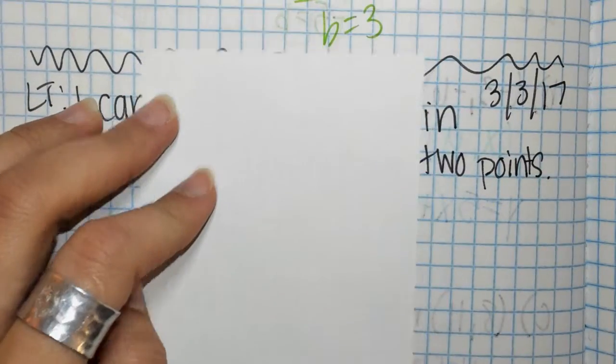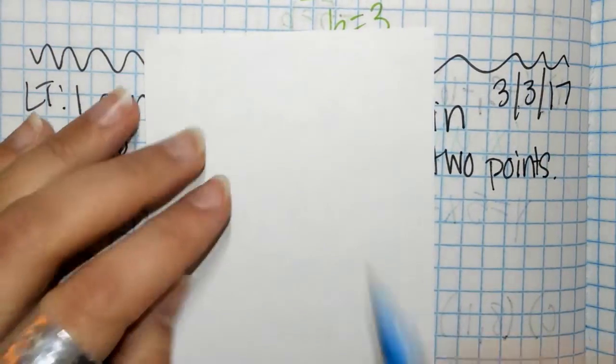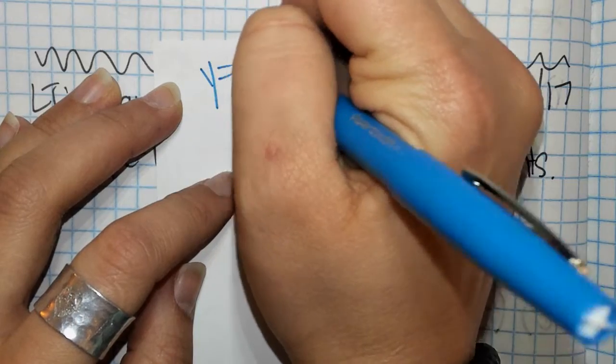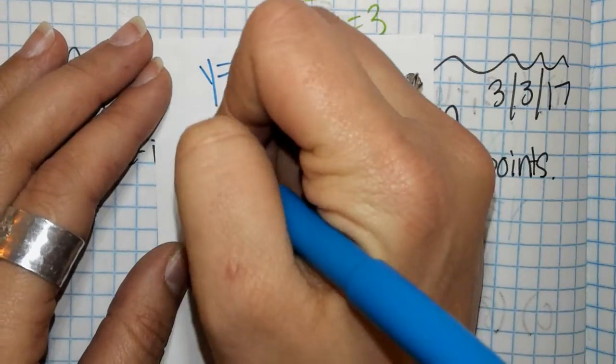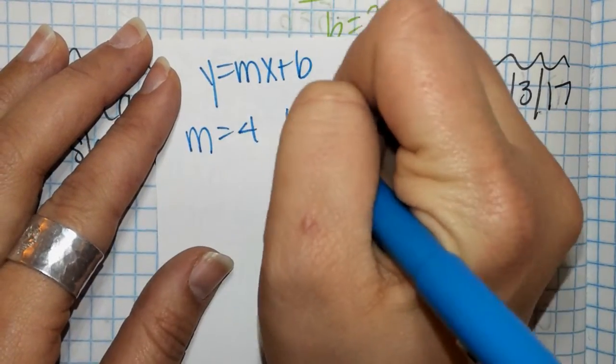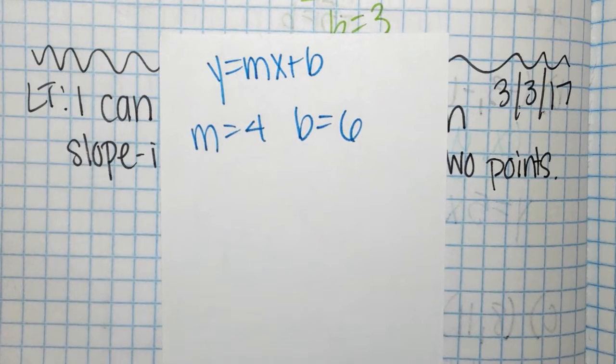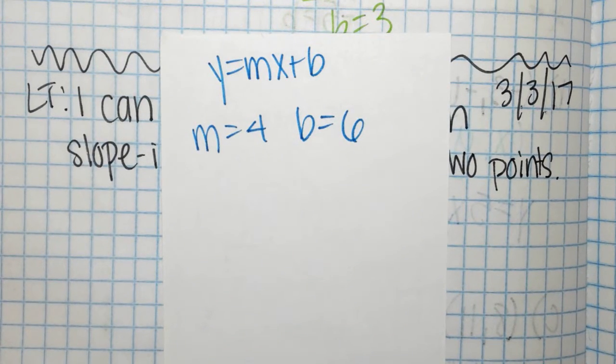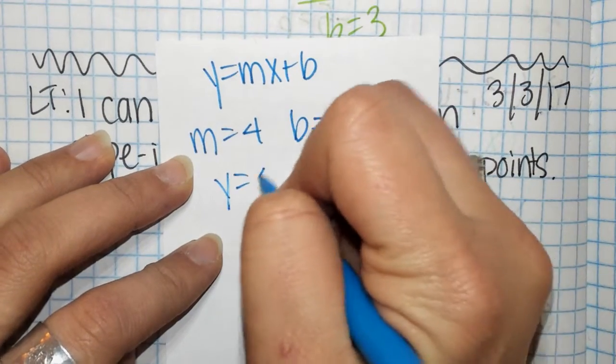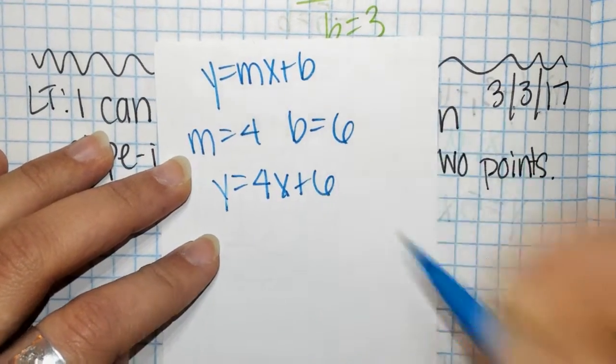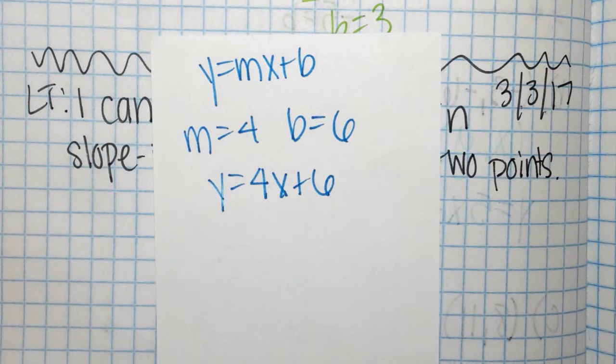All right, what is slope-intercept form? y equals mx plus b. All right, and if I tell you that m equals 4 and b equals 6, how do we write that in slope-intercept form, Reggie? So it'll be y equals 4x plus 6. Fantastic.